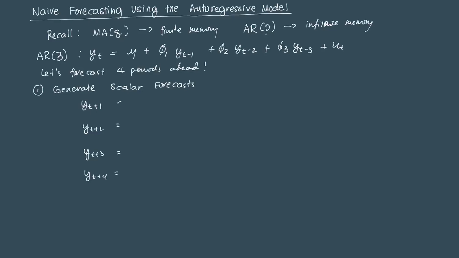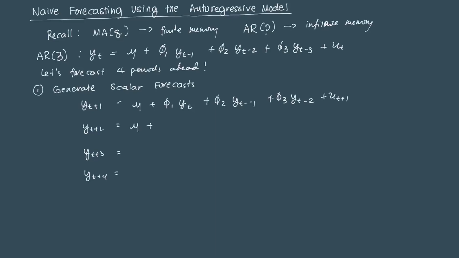This will look like mu for 1 period ahead, so we move each period 1 period ahead. So this is phi1 Y_t plus phi2 Y_{t-1} plus phi3 Y_{t-2} plus U_{t+1}.